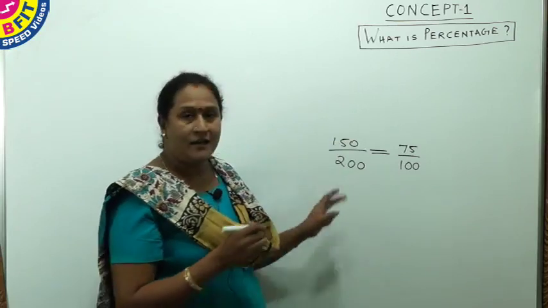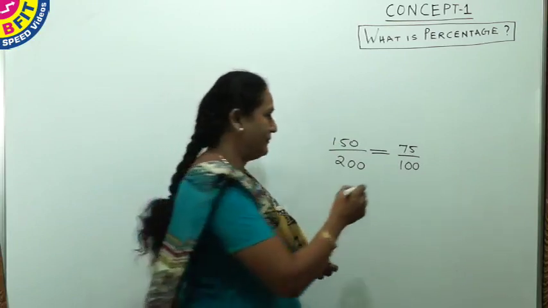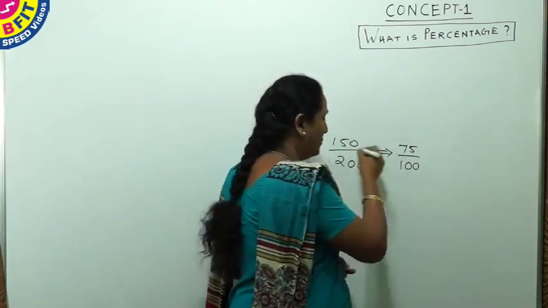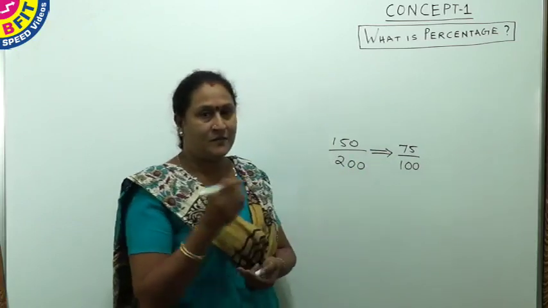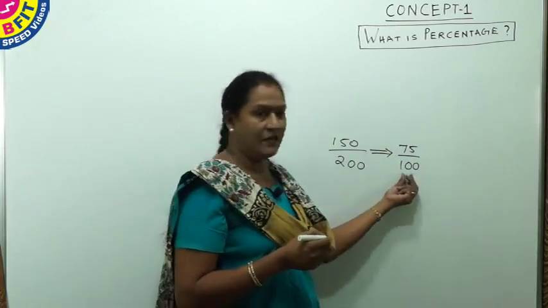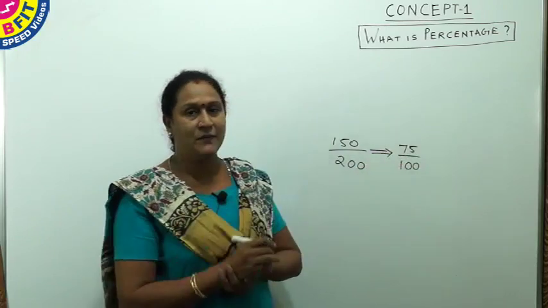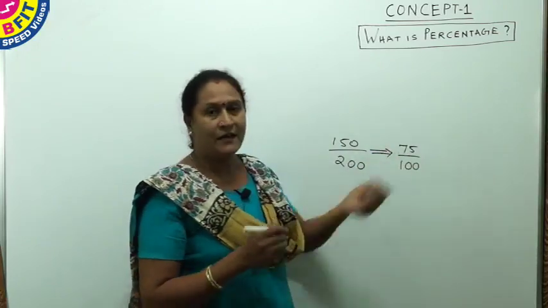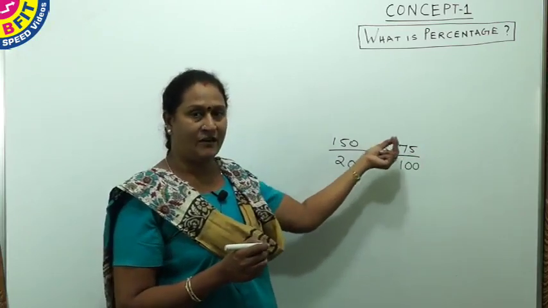Percentage means an equivalent fraction where the denominator is 100. So 150 by 200 is also equivalent to 75 by 100. So if the denominator is 100, the numerator, whatever is there, will be the percentage. So it is the rate percent. Here for 100 he is scoring 75.